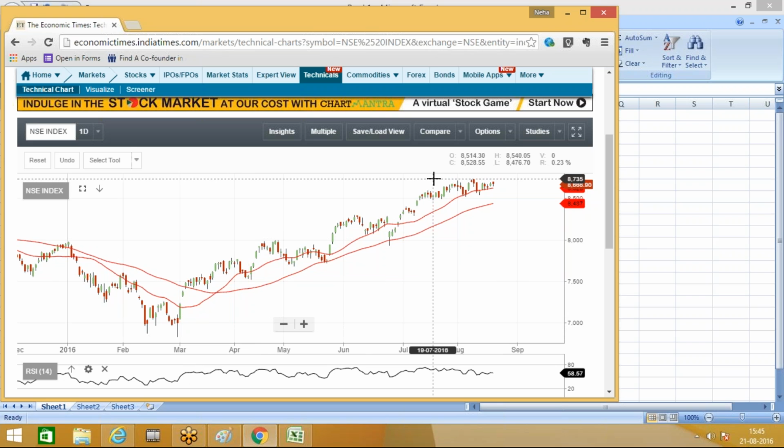So if tomorrow you see that the market is coming down from this level and you want to see by how much it will come down, you can make a calculation from the low that it made of 6830 approximately to where it is right now, and then you can find out if the retracement will be 200 points, 300 points, how much retracement it will be. So Fibonacci ratios that way are very useful.